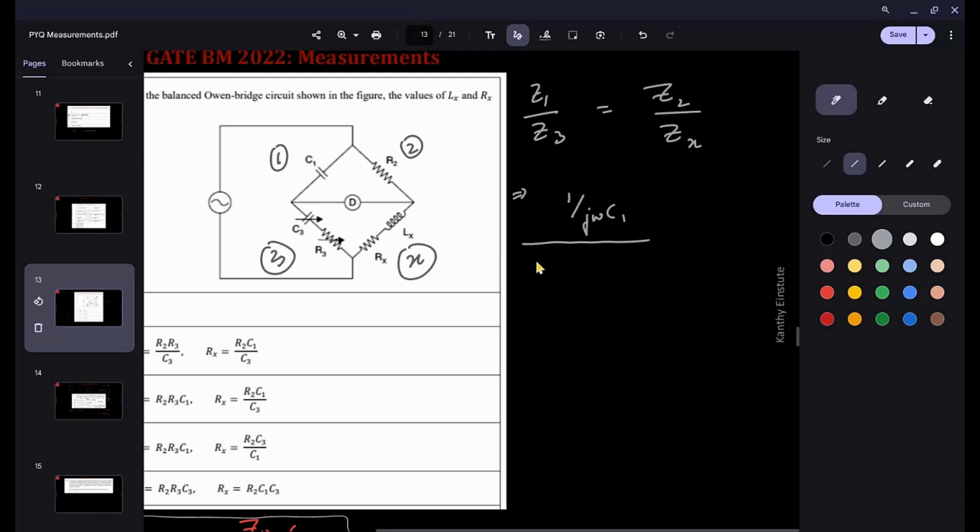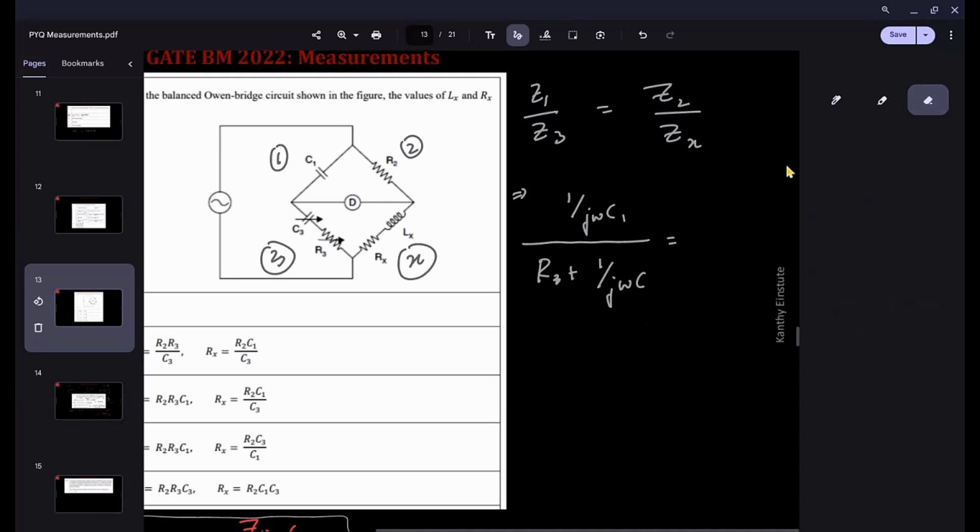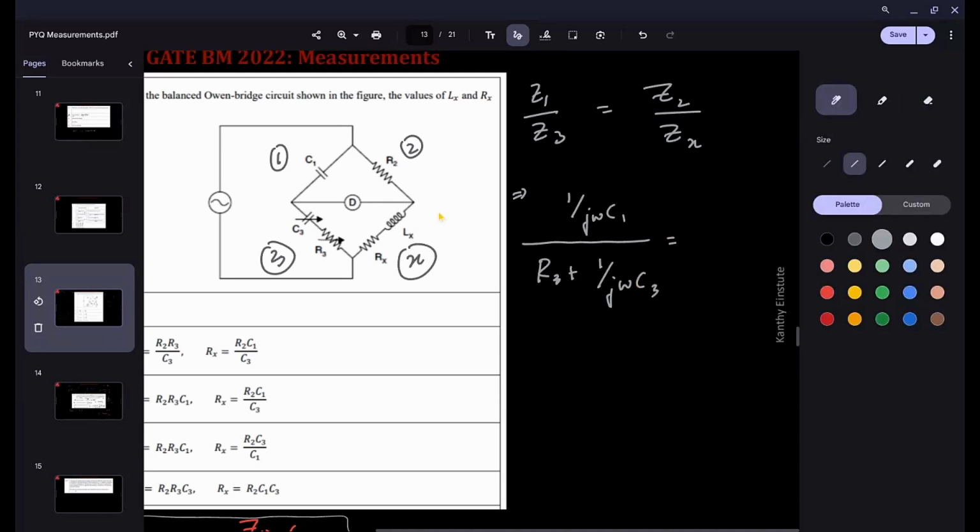Z3 is R3 plus 1 by J omega C3. This is your LHS. On the RHS, Z2 is R2, and Z4, that is ZX here, is RX plus J omega LX. LHS equals RHS, but there are two equations.